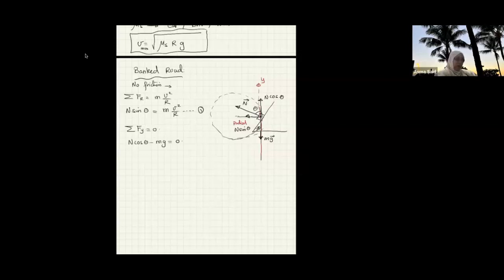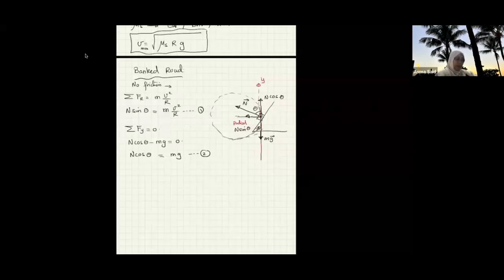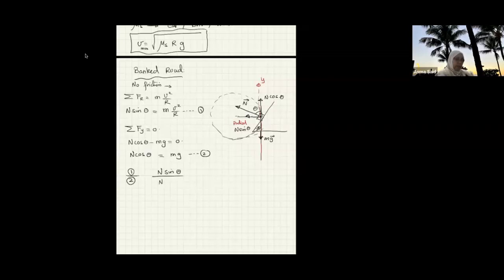What I can do here is another trick that I can use to solve equations, which is I will just divide 1 by 2. Okay? N sine theta divided by N cosine theta equals mv squared over r divided by mg, and N will cancel also.